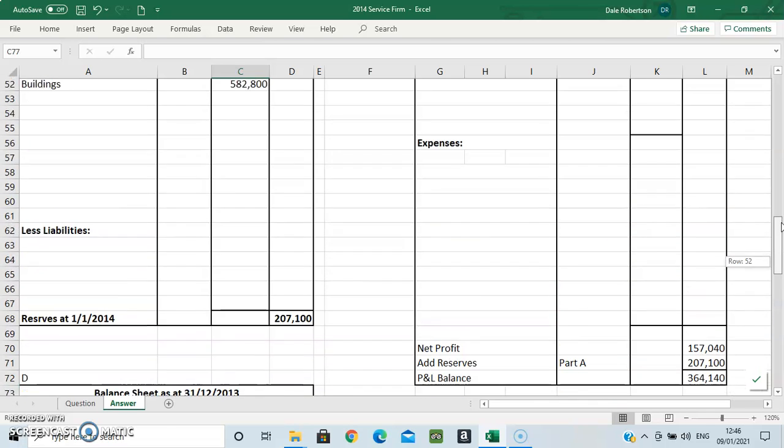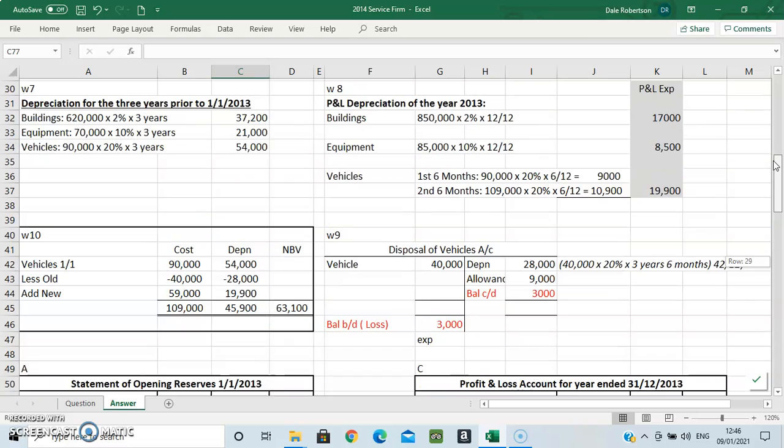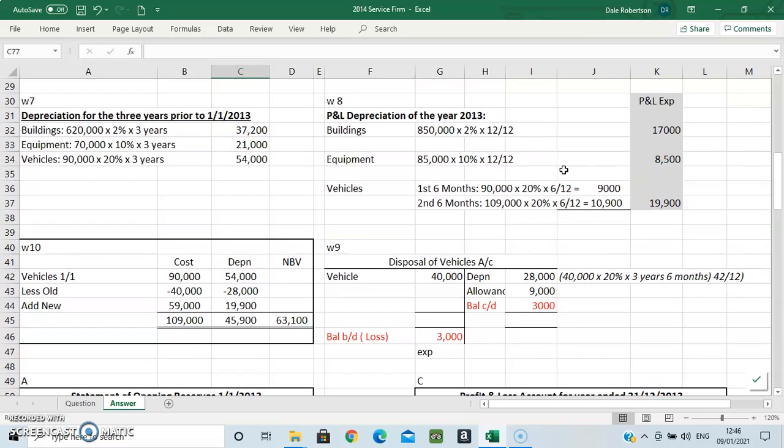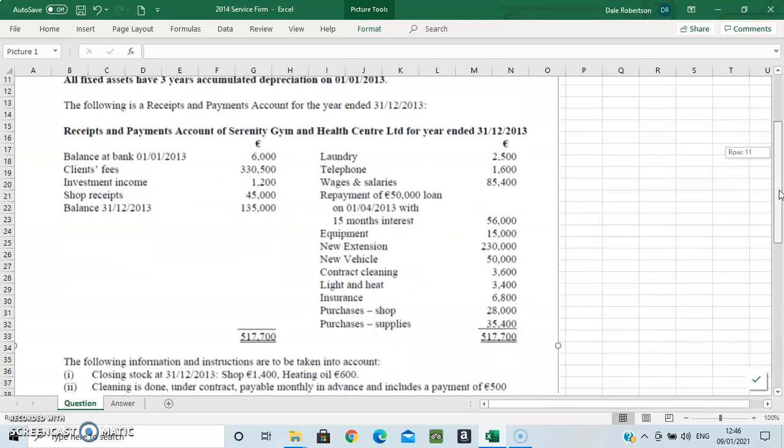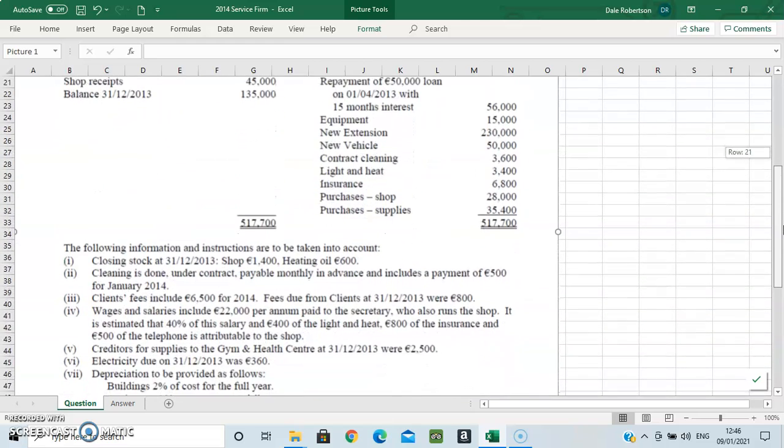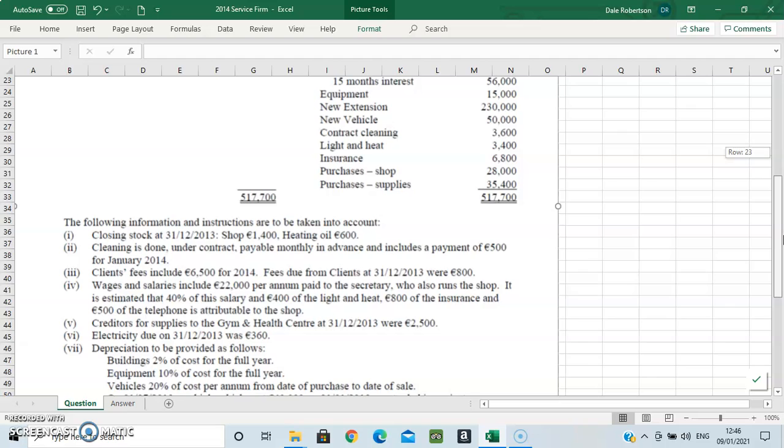Now, however, vehicles is the tricky one, the one that we wanted to have a little look at. Why is it difficult? Well, because halfway during the year, we switched a vehicle. Okay.